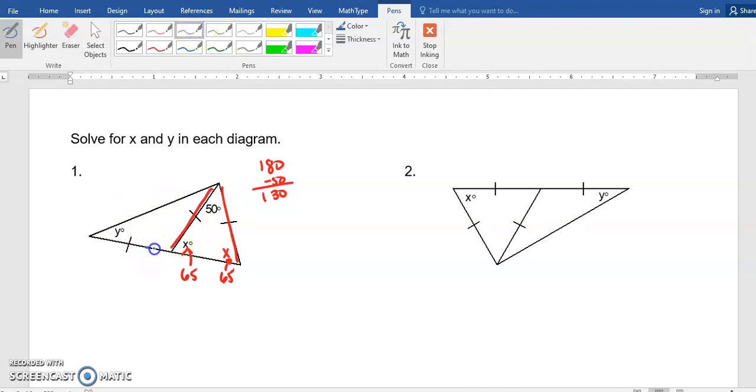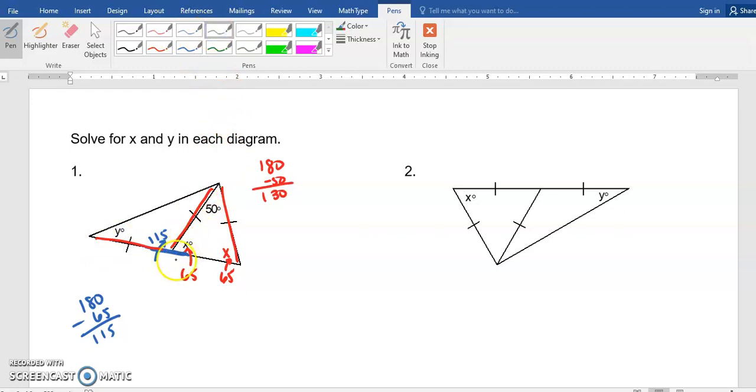Then we can work our way, because here we have a linear pair. If that's 65 degrees, this one here is 180 minus 65, which is 115. Also we have another isosceles triangle.